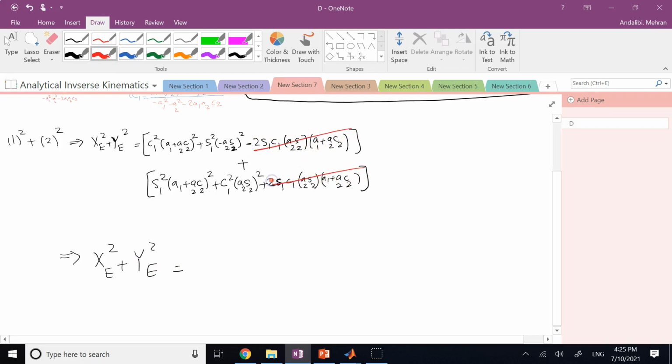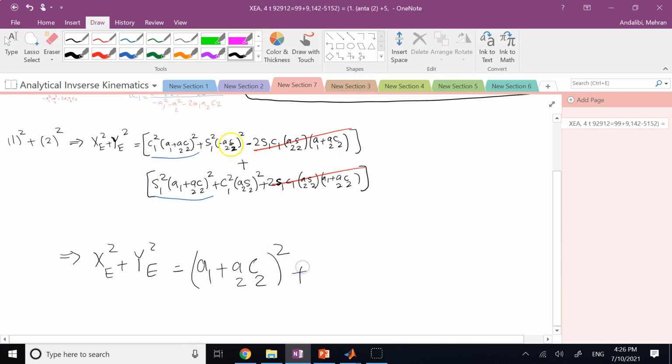They cancel out; one of them is positive, the other one is negative. If you look at these two terms in blue, they both share a similar term. If you factor it out, you will get sine 1 squared plus cosine 1 squared, which is 1. So the result is simply going to be (a1 plus a2 c2) the whole thing squared, times sine squared plus cosine squared, which is 1.